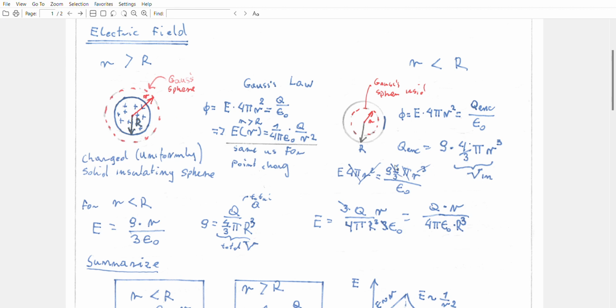And there are a lot of common terms, like 4 pi here and here, and you end up with rho times r by 3 epsilon 0.